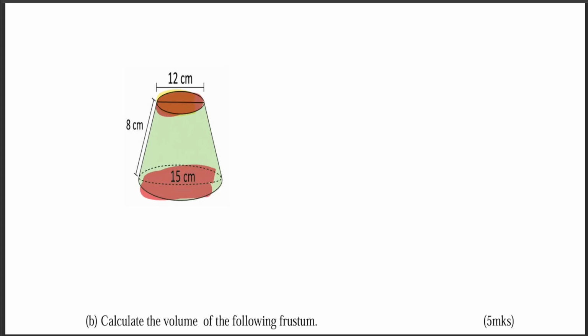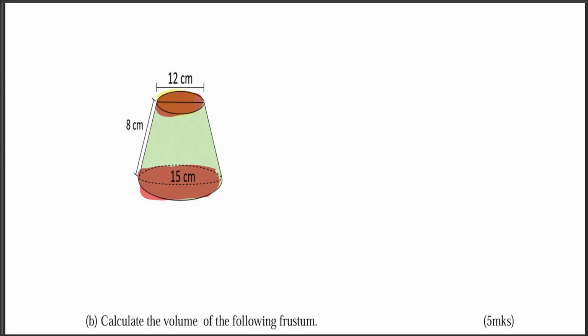The base one looks like a hemisphere, but kaona vizuri is not a hemisphere. It's still a circle. So you have the base area, the two circles at the top and at the bottom.